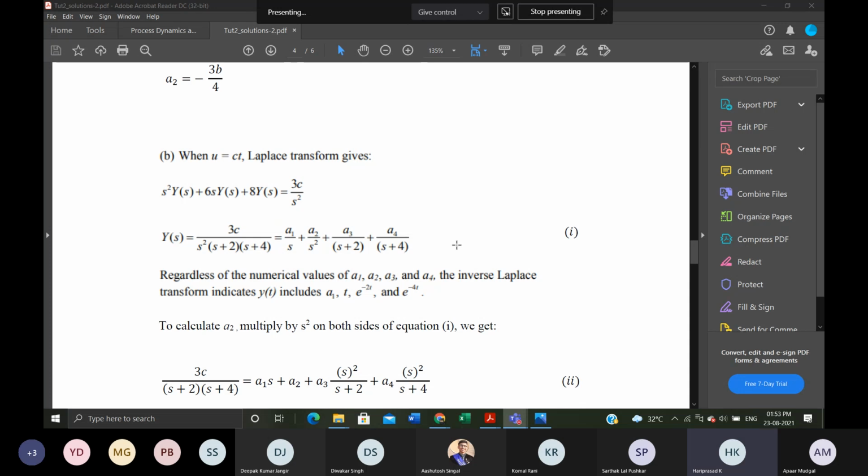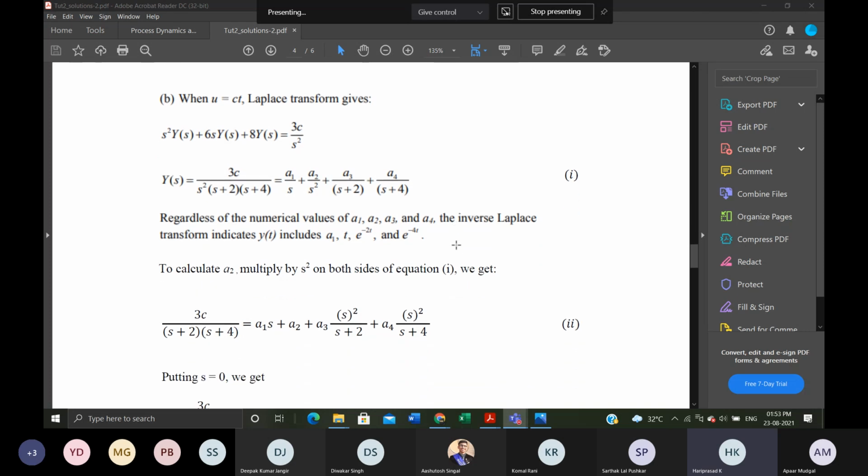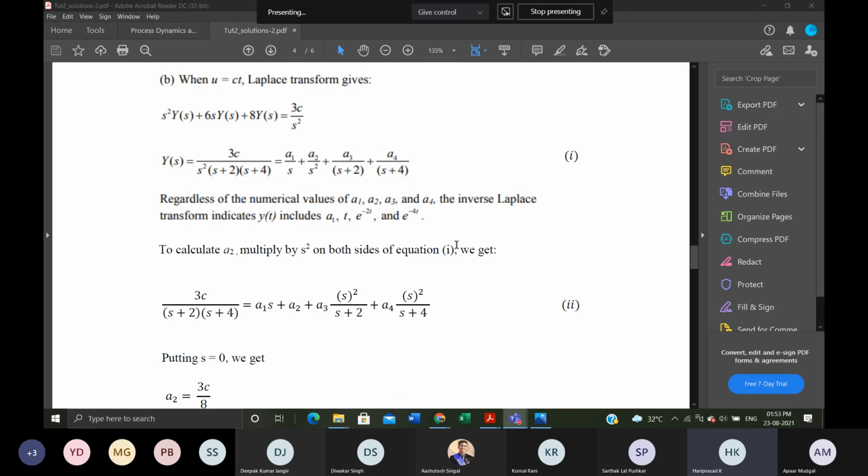The same applies for problem 2 also, because whatever you are getting, eventually you should be able to calculate the inverse Laplace transform. Otherwise, when you go to the Laplace space, you will be stuck.